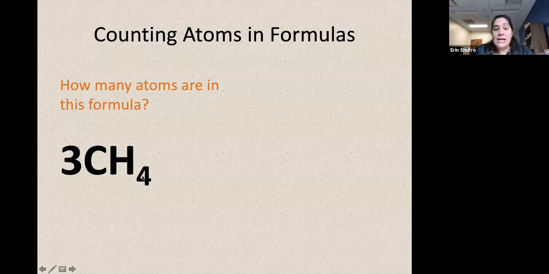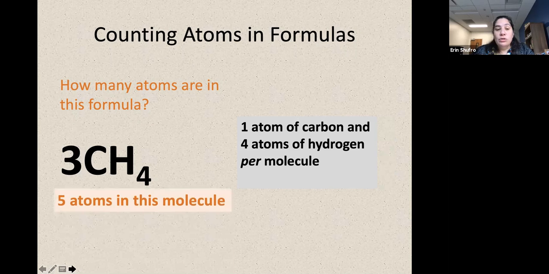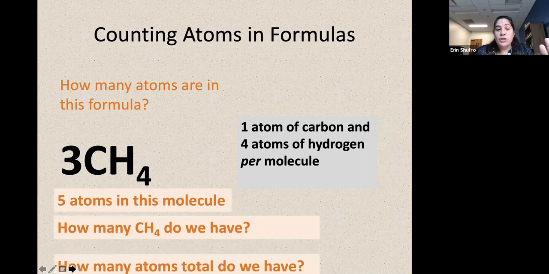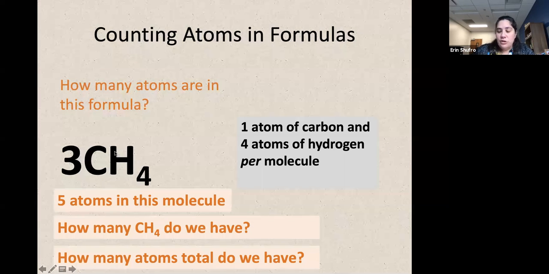You have 4 hydrogens and 1 carbon, so 1 atom of carbon and 4 atoms of hydrogen. And yes, you are correct that this 3 indicates that we have 3 of this molecule. So we have 3 CH4s, and the total atoms would be 15, because there are 5 atoms in each one of these, so 5, 10, 15.